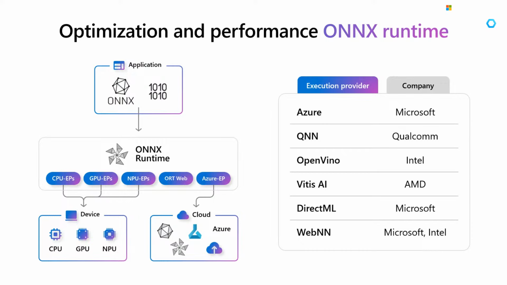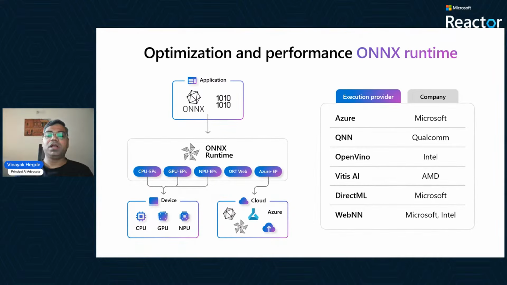There's Microsoft Azure, there's QNN by Qualcomm, OpenVINO by Intel, Vitis AI by AMD, and so on and so forth. It's super easy to switch between processor types. It's just a couple of lines of minimal code to make that change. All you have to do is switch execution providers as you port it to a different platform, and you're just recompiling your code on that platform. So it makes life really, really easy for developers.